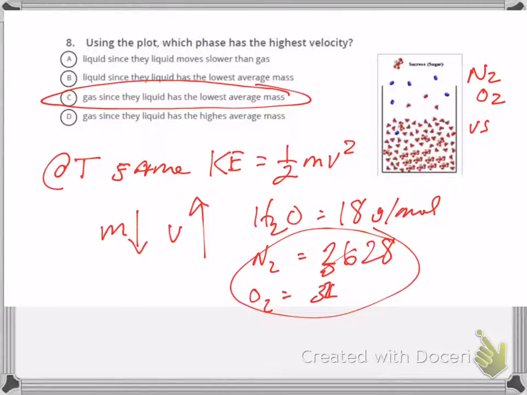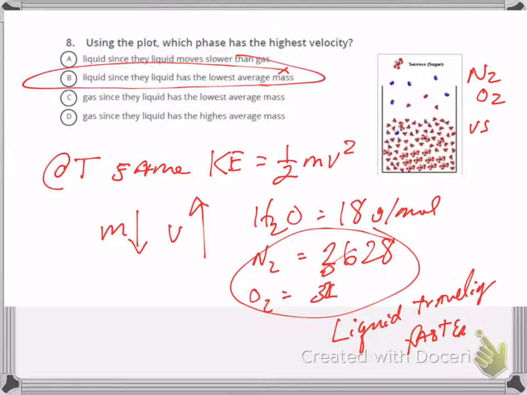So in the gas phase, which is mostly nitrogen and oxygen, it's about 28 grams per mole. Water is only 18, so on average the liquid phase is lighter. If it's lighter, it's moving faster. So we would expect the liquid phase to be moving faster, and we would select B. Just keep in mind that it's related to the fastest moving particles, not necessarily the phase.